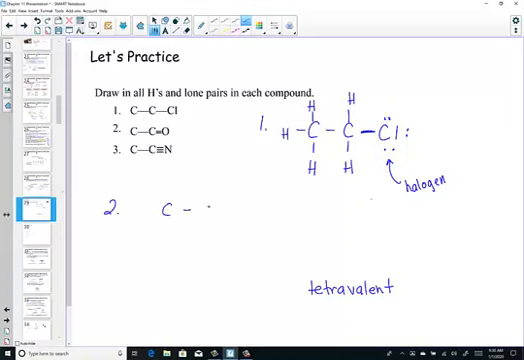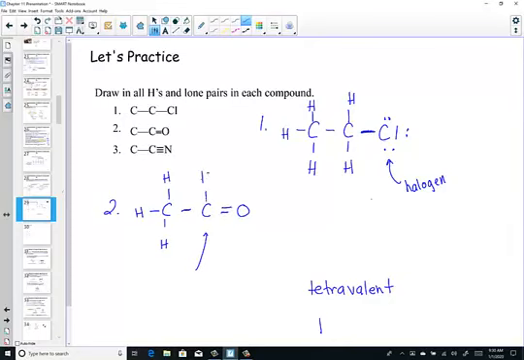The skeleton gives me a C single bond C double bond O. Each carbon requires 4 bonds. The first would require 3 H's to complete its octet. Now, examining this carbon, it already has 3 bonds, 1, 2, 3.